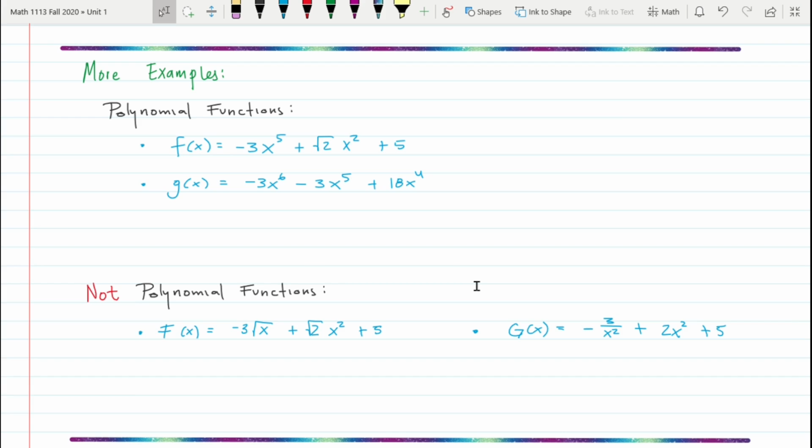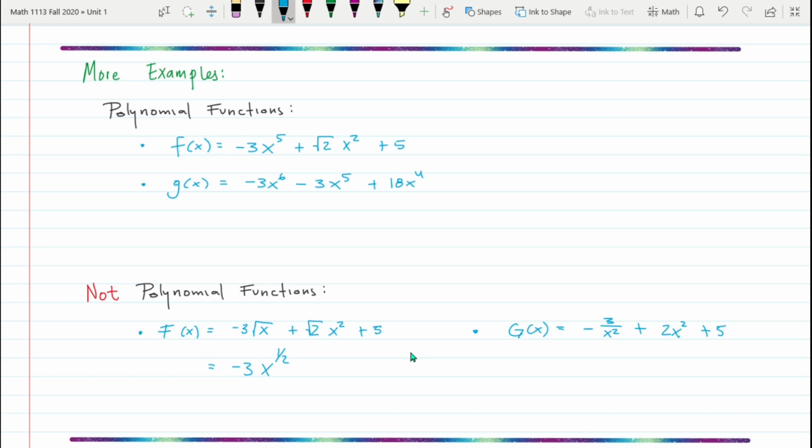Below we have not polynomial functions. So capital F of x is equal to -3 square root of x plus square root of 2x squared plus 5. Some of you may or may not know, whenever you have a variable under the radical, it is the same thing as an exponential expression, except it's a fraction.